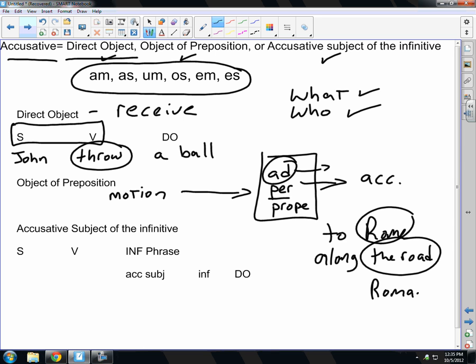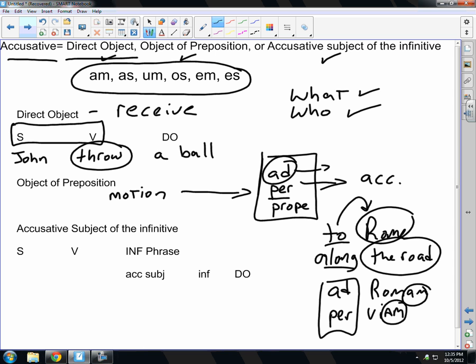So we would have ad Romam, and we would have per viam. We would give it those accusative endings when dealing with those three prepositions. The object of a preposition is just that. You have a preposition followed by a noun. That noun is going to be the object of that preposition in English.